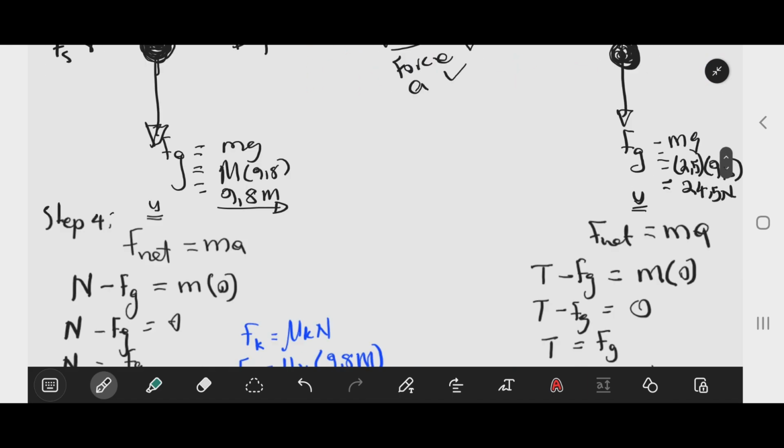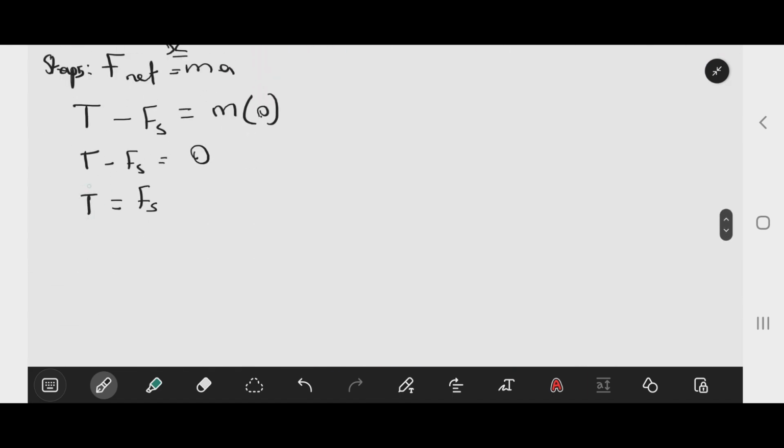So we can substitute our tension to be 24.5, and now we can obtain our static friction. So our static friction is equal to 24.5 newtons. So there we go. We have calculated our static friction by performing the Fnet in the x direction for the mass m object.